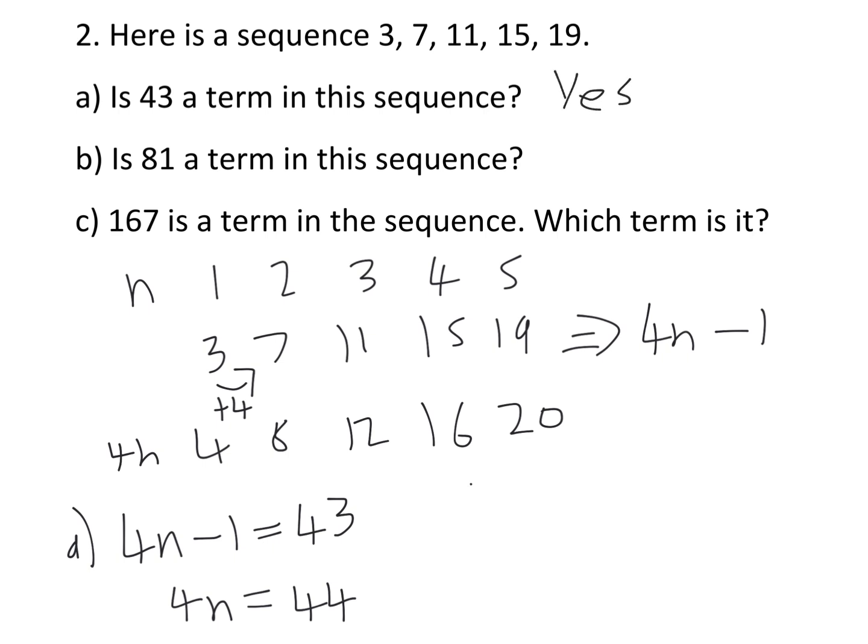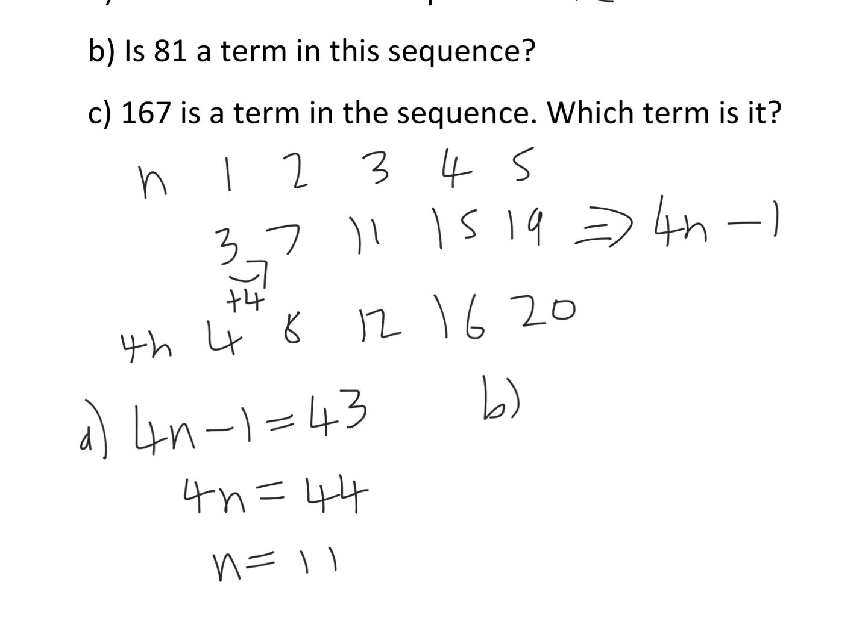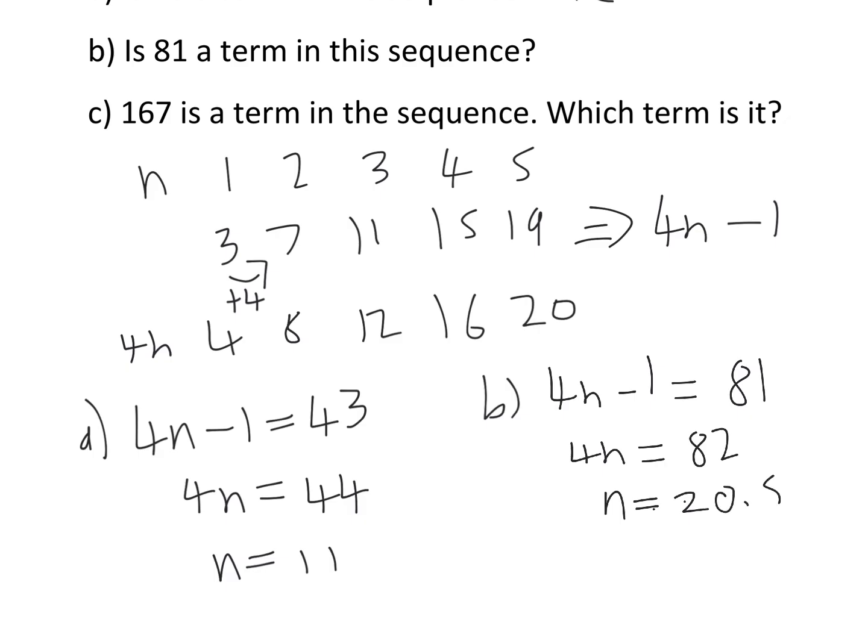Then part B, is 81 a term in the sequence? Well, if it is, we could find which term it is. We could find n if we put it equal to 81. That would give us that 4n is 82. And we could divide by 4, and we would get 20.5. You can't get a 20.5th term.